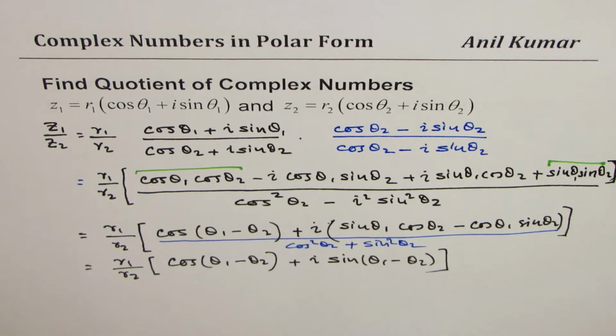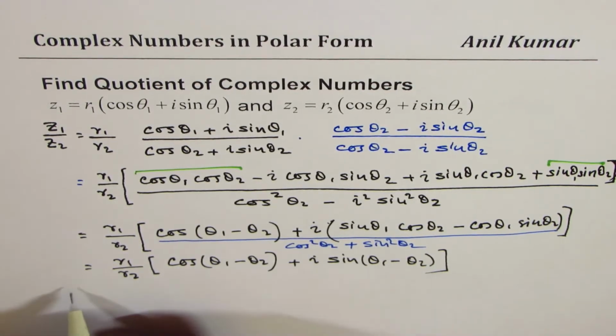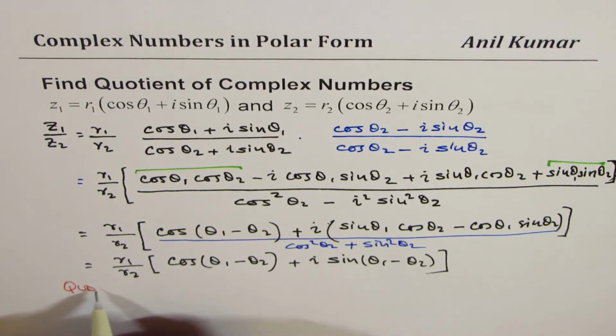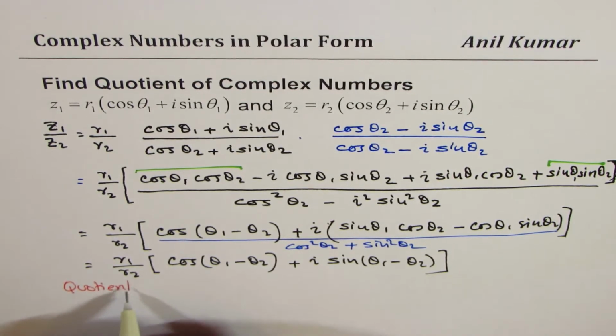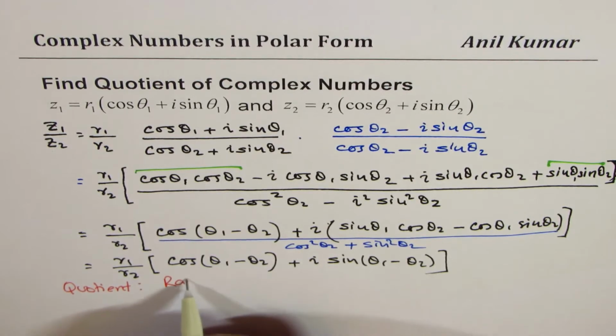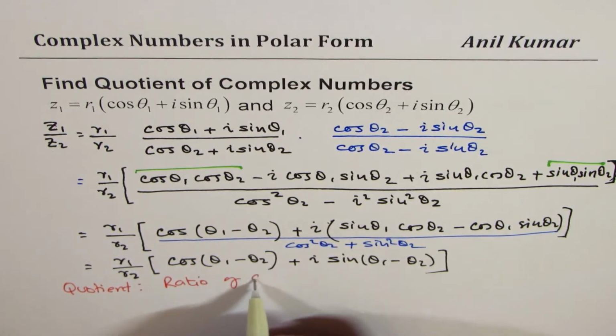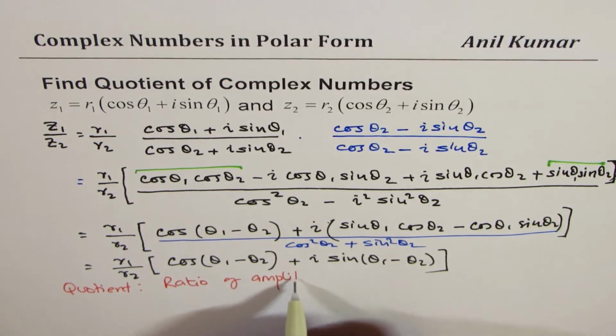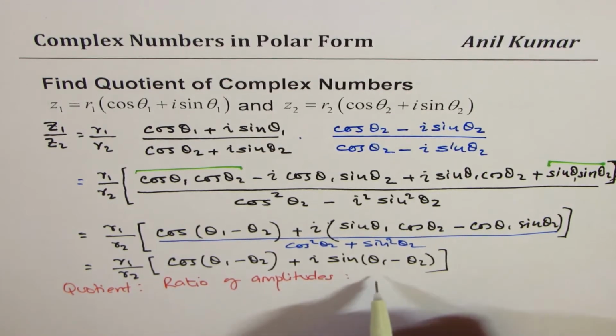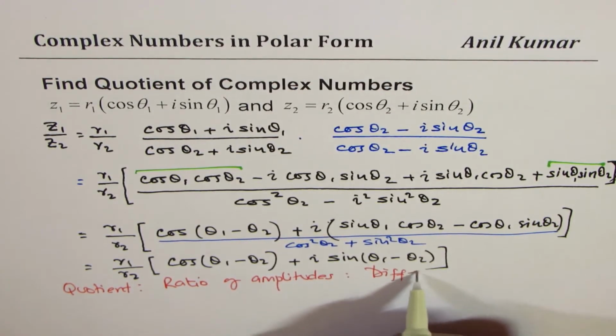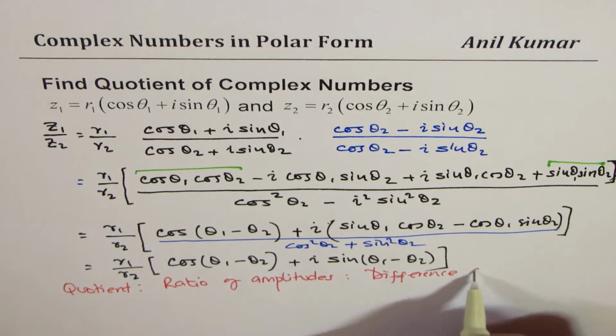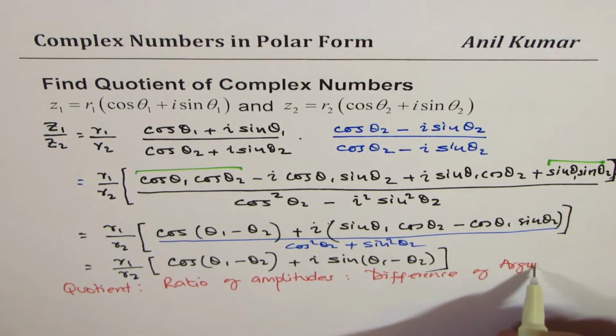So when you take the quotient of these numbers, we get the ratio of amplitudes and the difference of arguments. Is it okay?